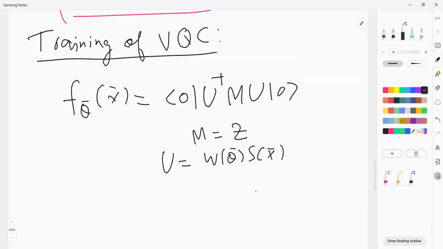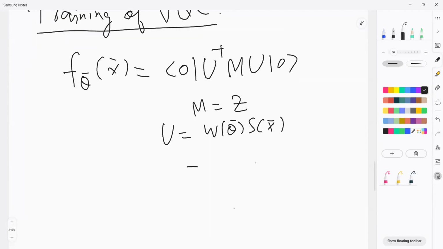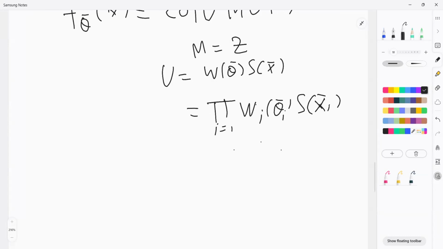And actually, this can be even more than that. We can have a mixture of this theta and x part, where we are repeating in different layers.